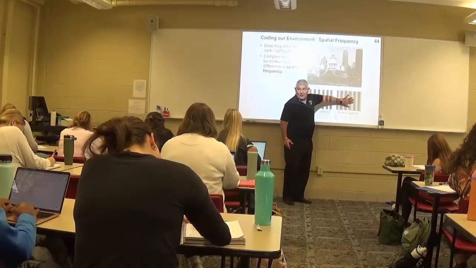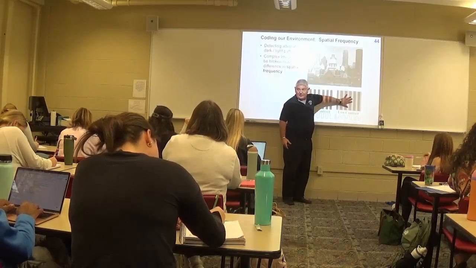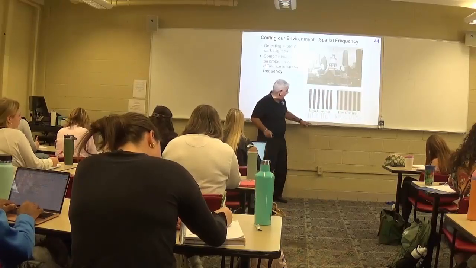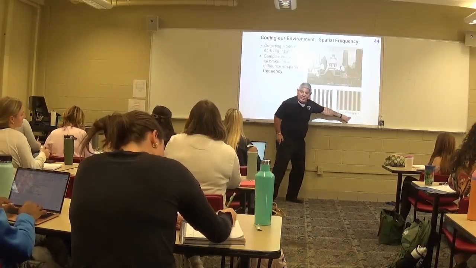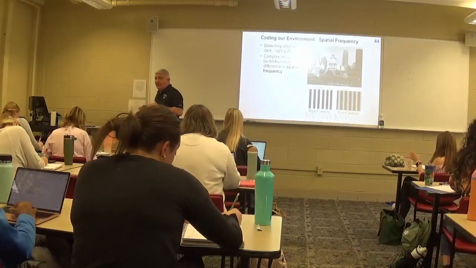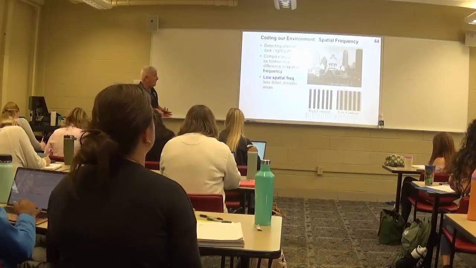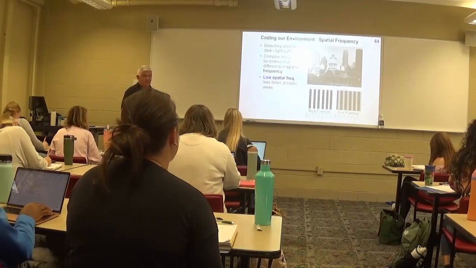And here we have low contrast, meaning there's blending between those changes. But the same frequency of change, right? So we can measure frequencies, how rapidly is light changing, and we can measure high contrast and low contrast.